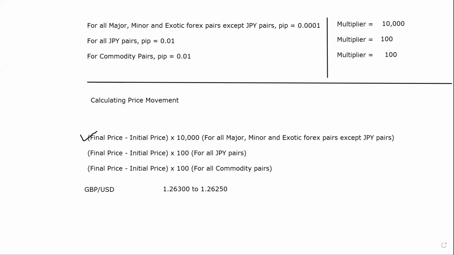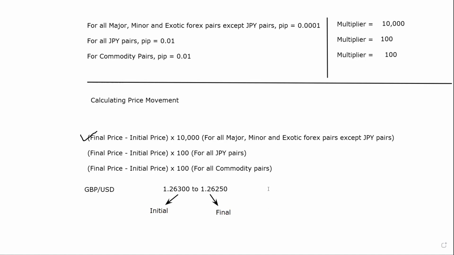The first step is to identify the final price and the initial price. So this is the initial price, and this one is the final price. Now, what's the formula? Final price minus initial price.